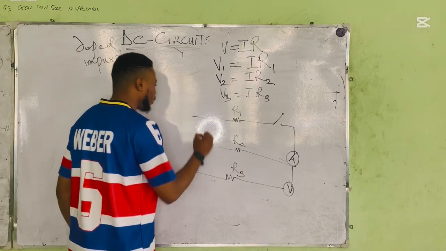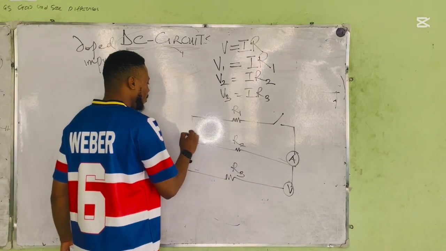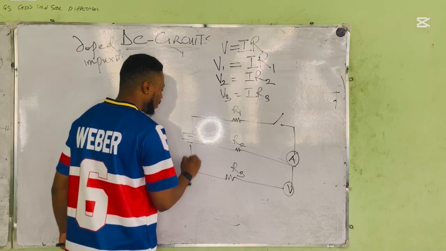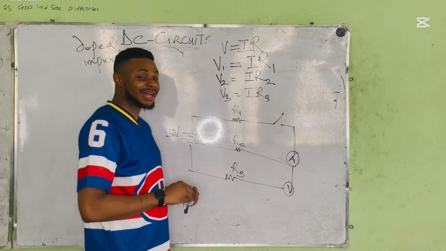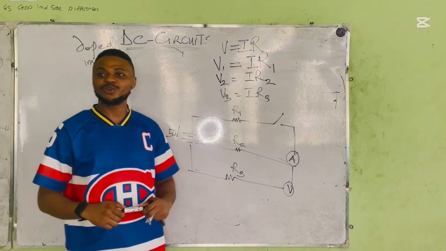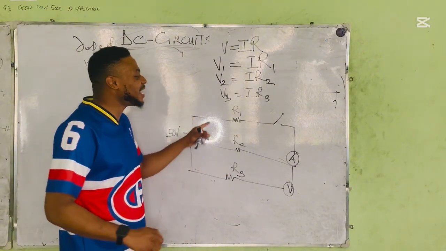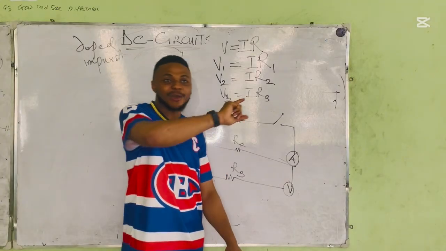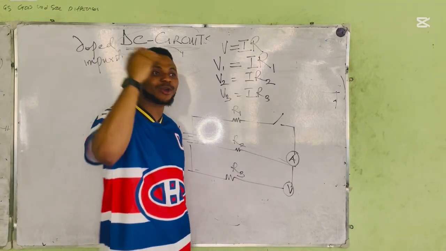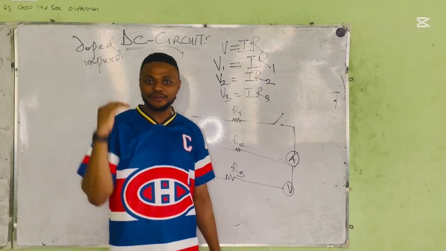Let's call this R3. Okay, then here we can have a battery. All right, let's say that it is 50 volts as well. Now if you look at the way this is assembled, you agree with me that these are different wires compared to the one in series that you had just one straight wire containing the different resistors.